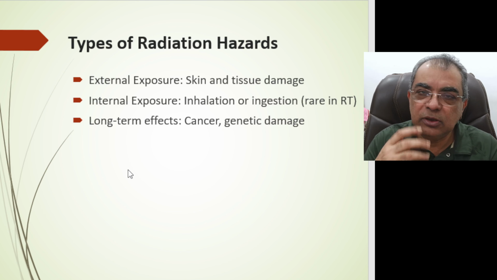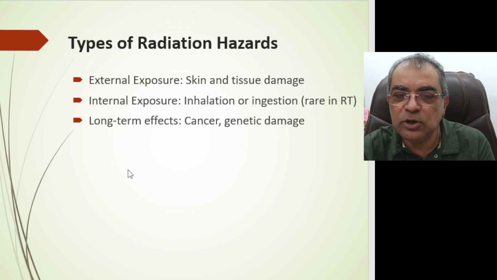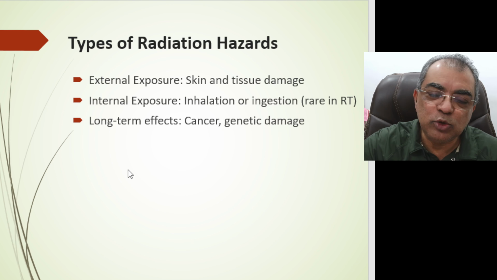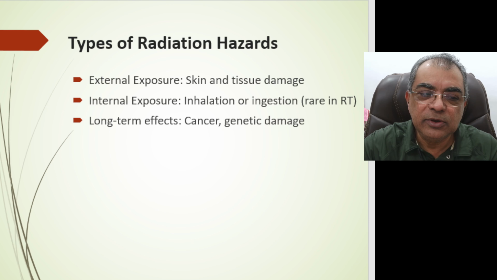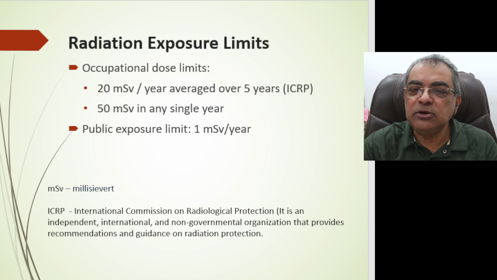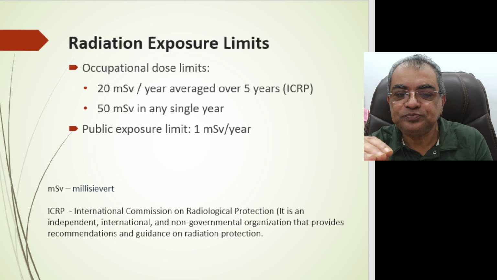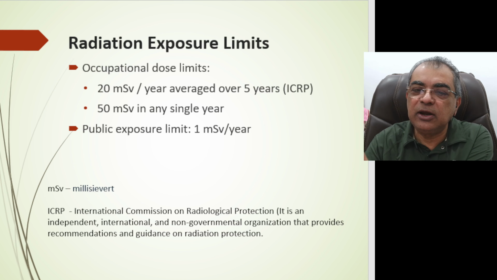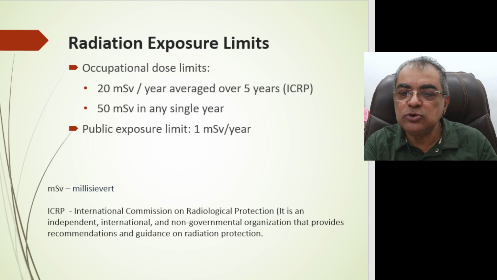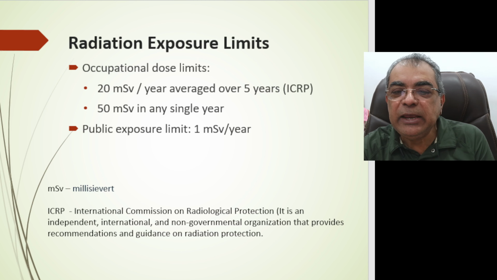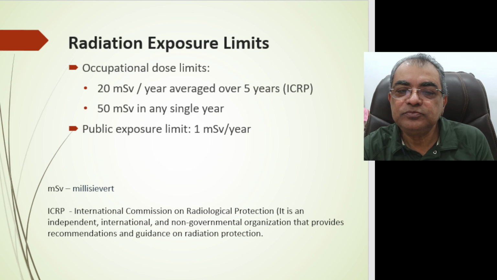Inside the body radiation can cause cancer. If you get long-term exposure, cancer and genetic mutagenic effects, or genetic damage, can occur. So these are the radiation exposure limits. Occupational dose limit is 20 millisievert per year, averaged over 5 years. After 5 years the person has to be moved away from there and left to recover. 50 millisievert in any single year, it should not be more than this. Public exposure limit is 1.